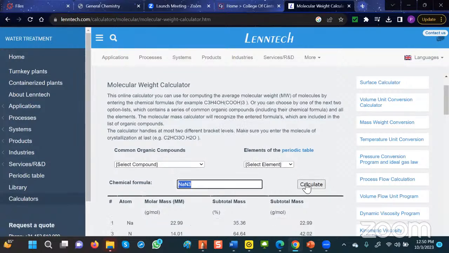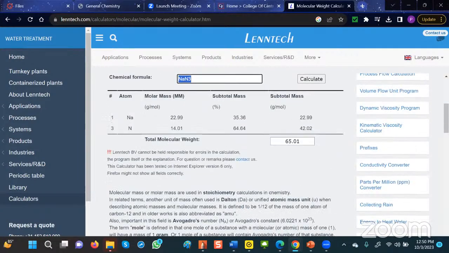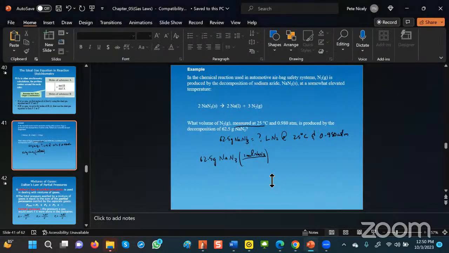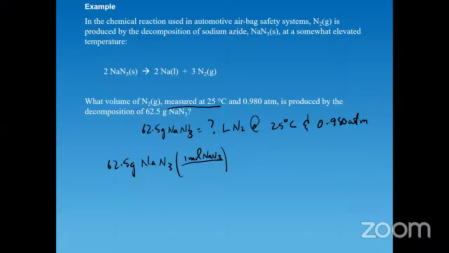Let's see what that gives. That gives 65.01. So that will go down here, 65.01 grams of sodium azide.